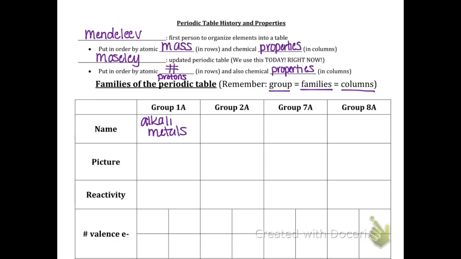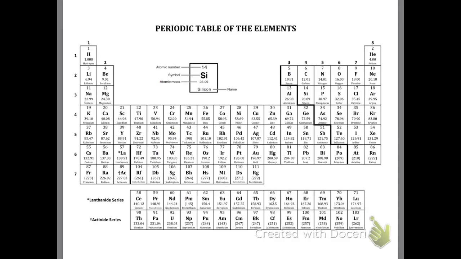Alkali metals are very reactive. So the kind of picture that I like to draw is a very angry one because they are highly reactive. If you look on the periodic table, your alkali metals are sitting right here, except hydrogen.